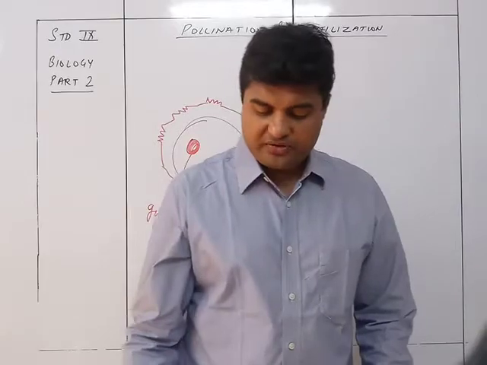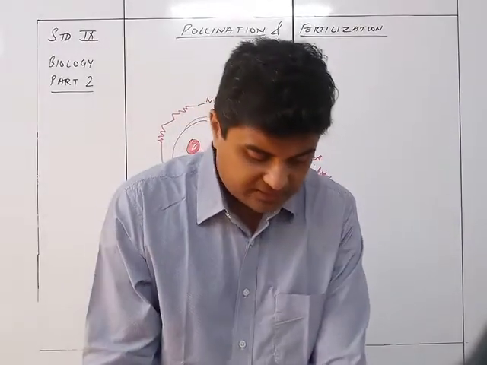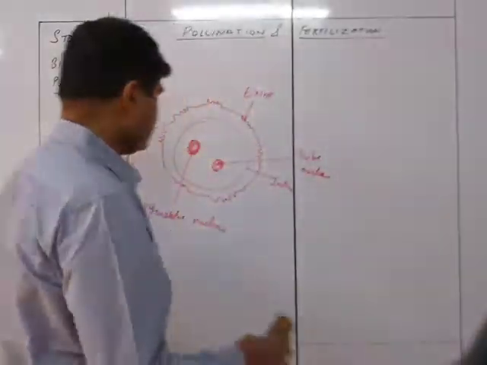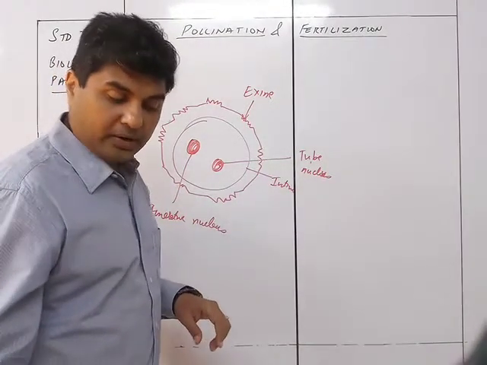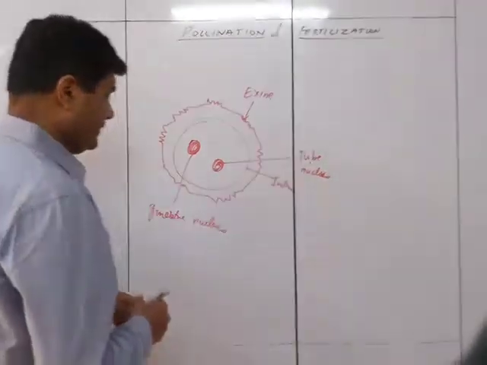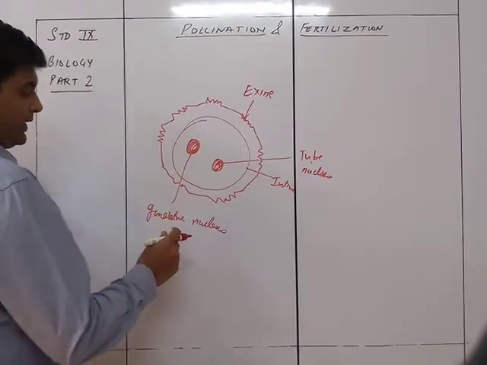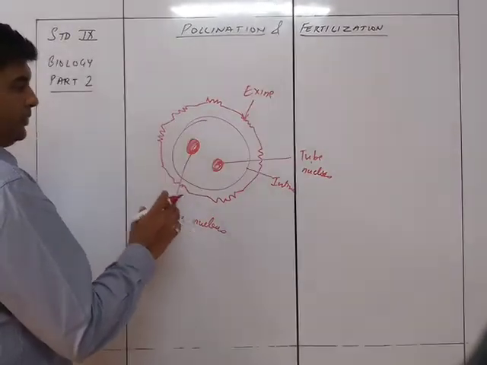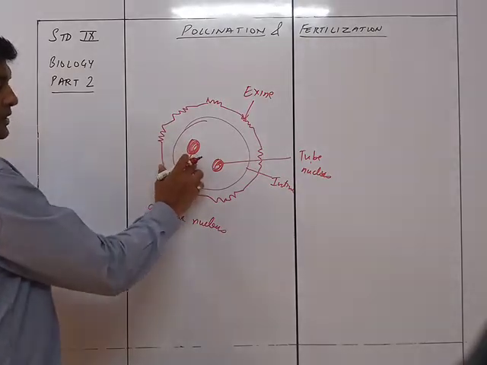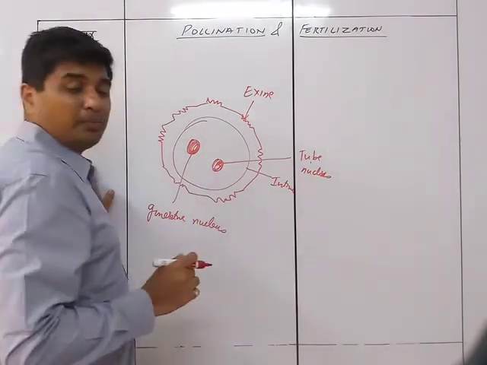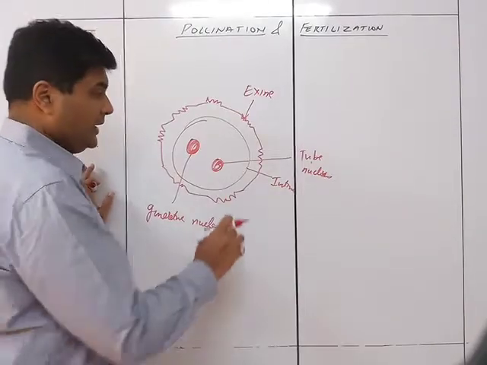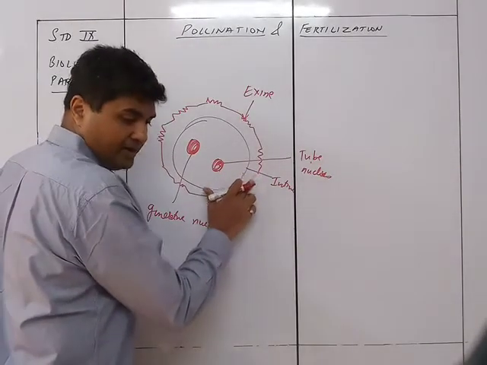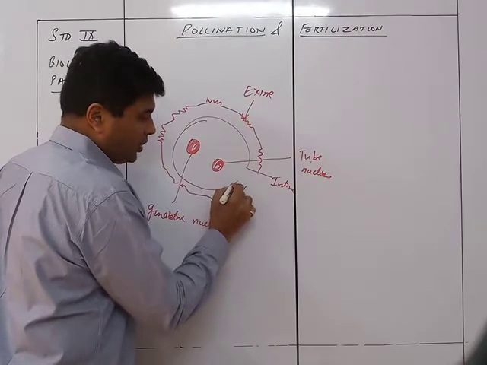So if you see the figure, it will be something like this. This is a figure of a pollen grain. Once we know that this pollen grain has settled on the stigma of the same species, then from one particular side there will be a growth of a tube.